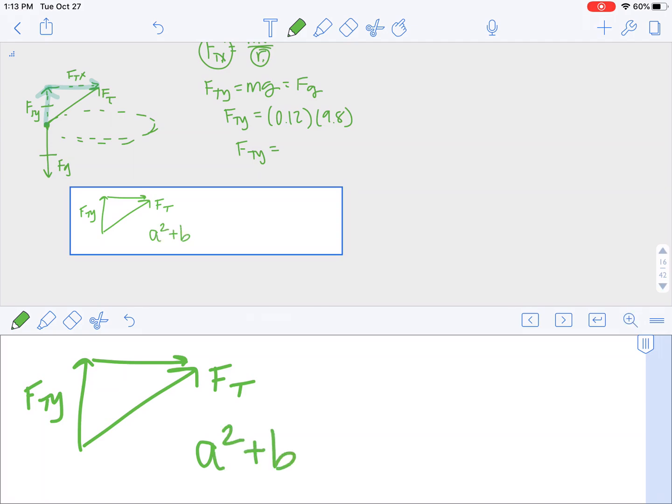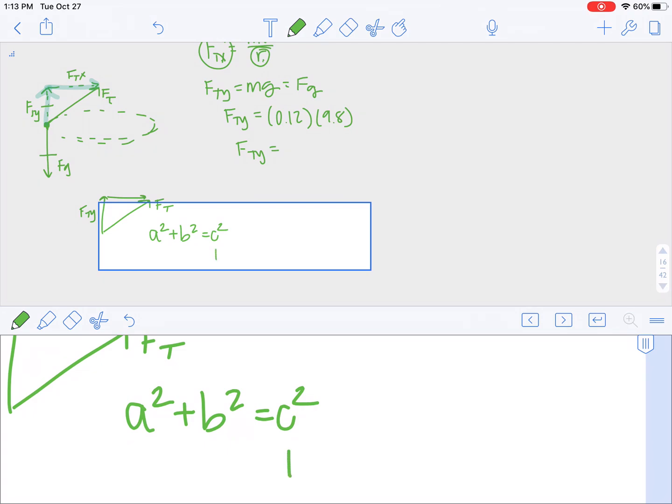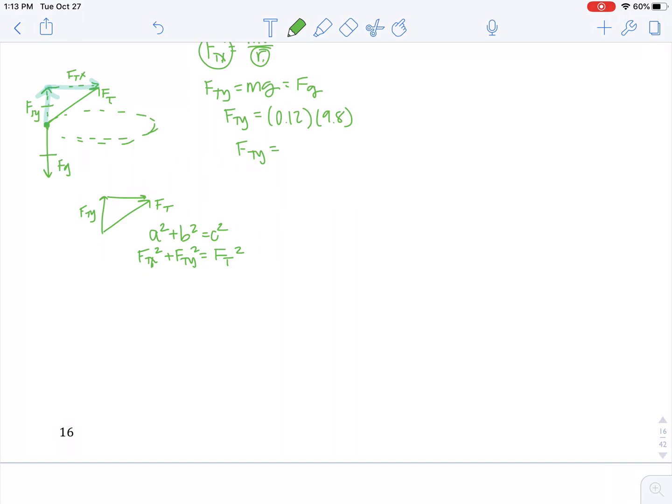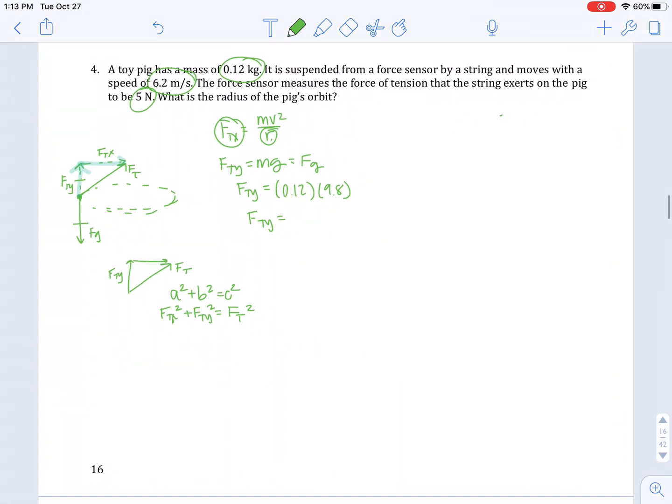So basically, I'm going to use this Pythagorean theorem again. C is my hypotenuse, so it's that force of tension. FTY is one of my sides, and then I'm going to solve for FTX using Pythagorean theorem. So you'll notice Pythagorean theorem can be really useful in this worksheet.